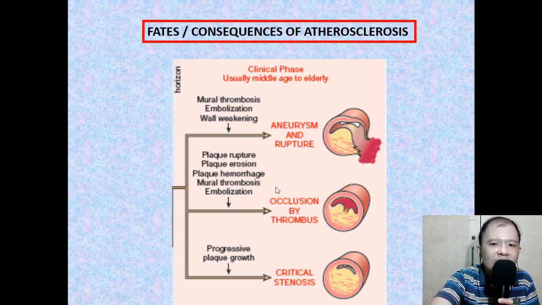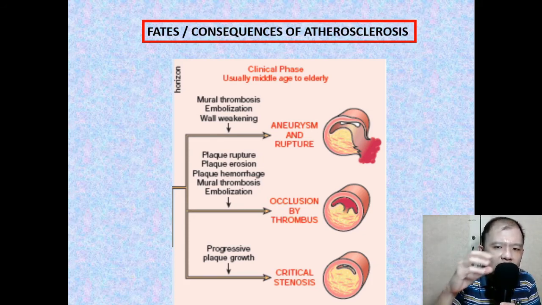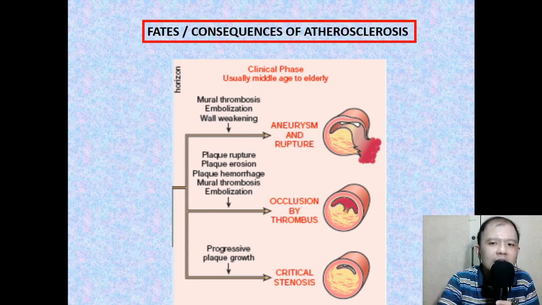Next is you have aneurysm and rupture. Okay. So when the thrombus occludes the vessel, as well as the atheroma occludes the vessel, and you have hypertension, you have increased pressure inside, and the vessel wall is weakened. Okay, you have aneurysm.